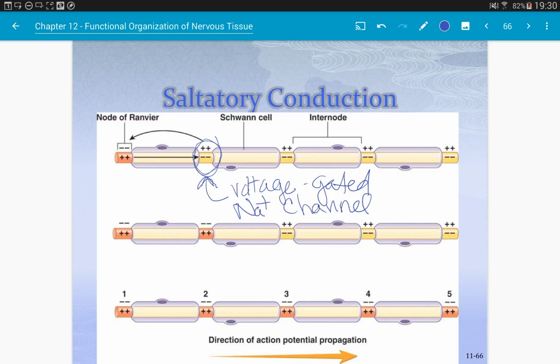So way more concentrated than you would find on an unmyelinated axon. And so it's highly concentrated, so that helps you to have a really big depolarization event. So you have generated a strong action potential that can then jump to the next place. And as this place is getting stimulated, the previous one is going through repolarization and refractory period. Okay? So again, the signal is only able to travel in one direction. So no matter what, if it's myelinated or unmyelinated, the signal can only go in one direction.